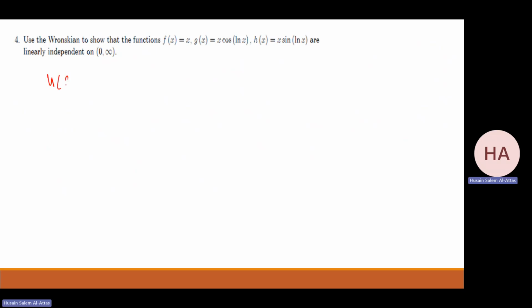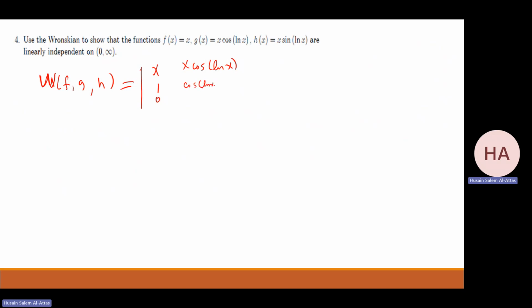I need to find the Wronskian of f, g, and h, and I need to prove this is not equal to 0 to show that they are linearly independent. That will be what? x, 1, 0, x cosine ln x. Okay, then what's the derivative?